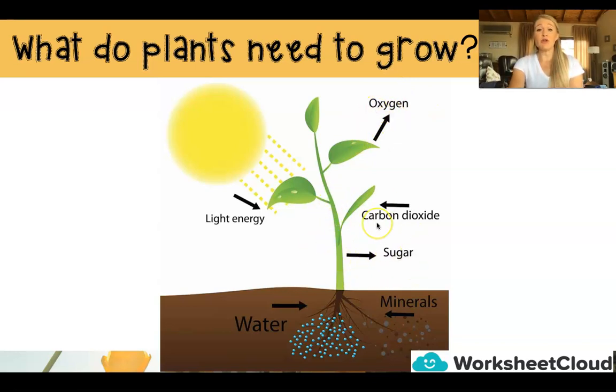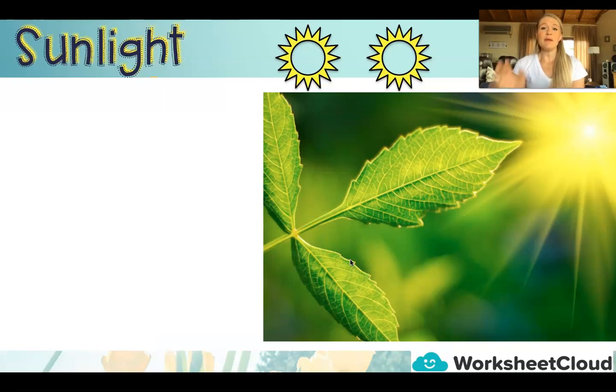Sugar is made by a process called photosynthesis. Okay, good. Then we've got in our soil here, we've got minerals and water, and you can see the little water molecules that are getting absorbed by the roots into the plant. Okay, I'm going to talk about the roots, and I want to see how much you remember about the function of roots. But I'm going to start off with sunlight today.